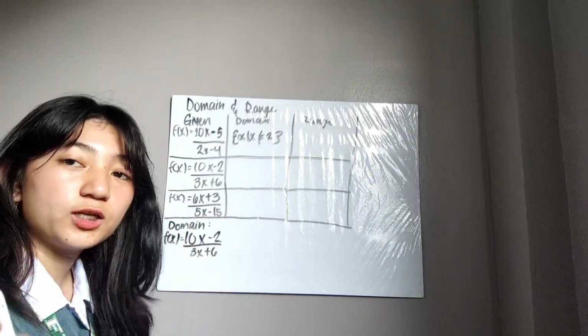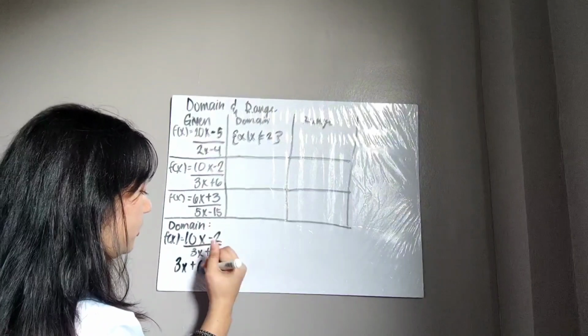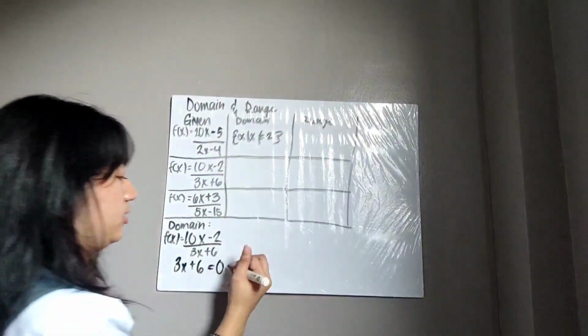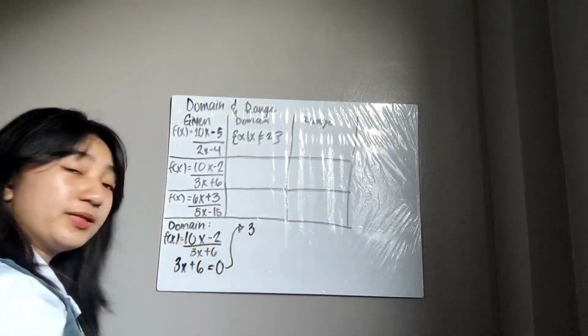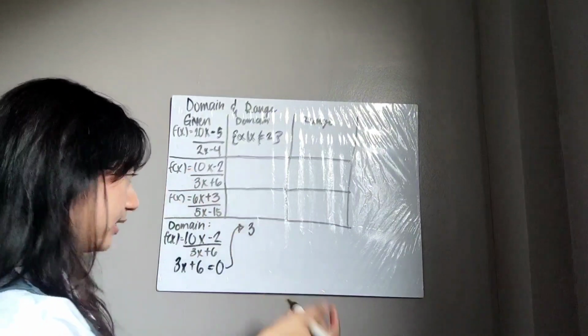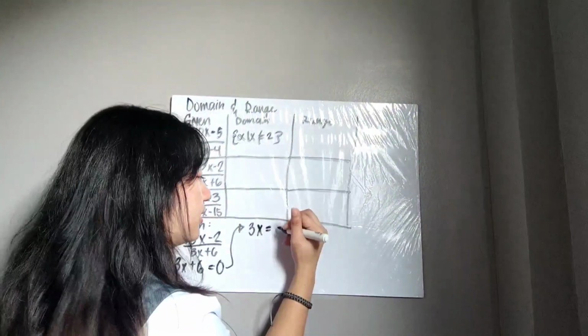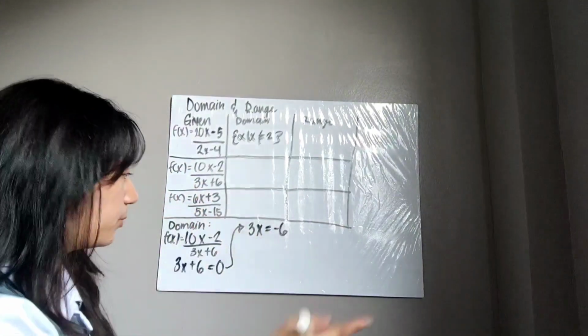Ganun lang ulit, kukunin natin yung denominator, which is yung 3x plus 6 is equal to 0. Then, nilipat natin si plus 6, kasi dito lang yung variable, magiging negative 6. May iba yung sign, always remember.